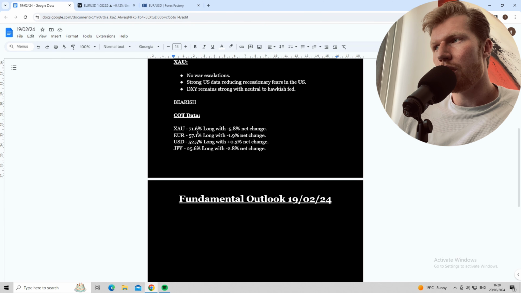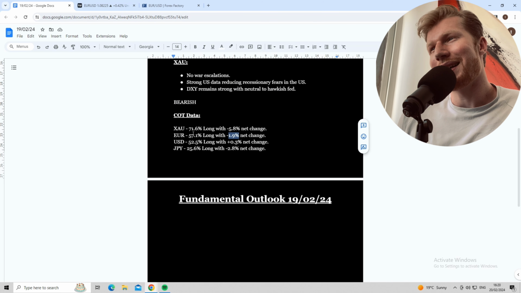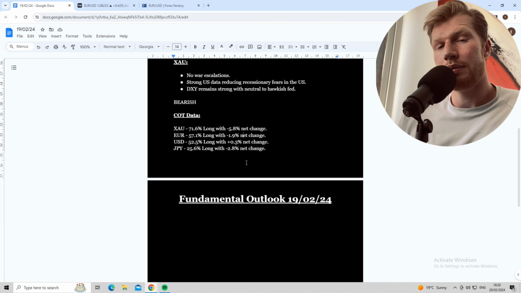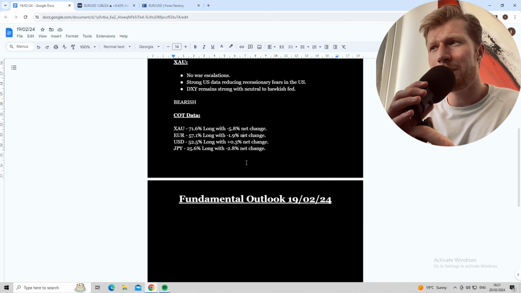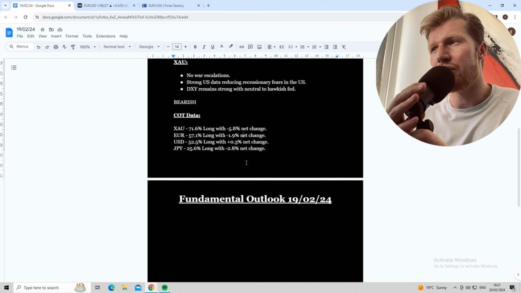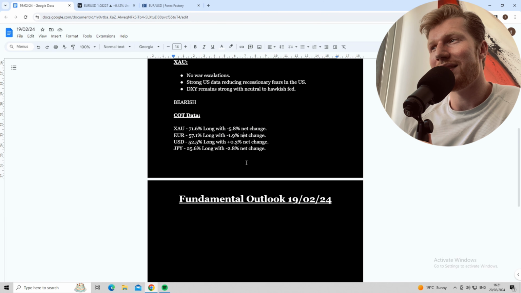Then when it comes to euro, we've got 57% long and minus 1.9%. Again, overall long, but net change decreasing. So again, it's not overly large confluence, but we are seeing decreases in the net change, which to me is at least signaling we're going to see some short to medium term bearishness.